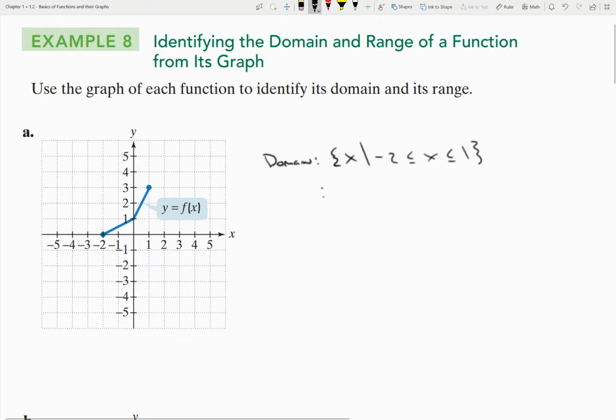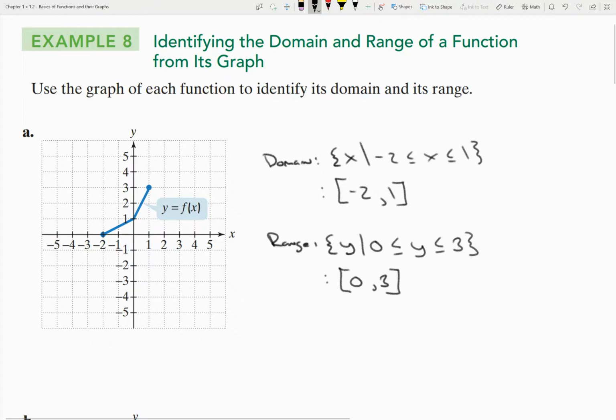Or in interval notation, -2 to 1. The range is the y values. So when I'm making my set, I'm going to say y such that y does something. Bottom to top, least to greatest. Where does this function start? Where does this function stop? What are the y coordinates? They are 0 and 3. With interval notation, my range is from 0 to 3.